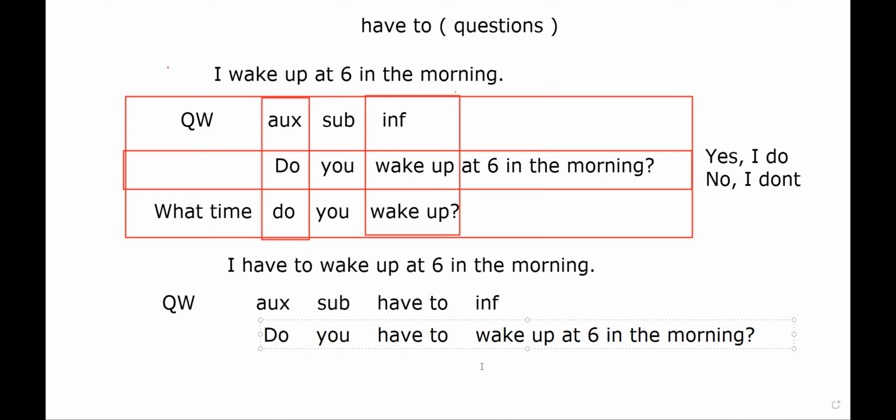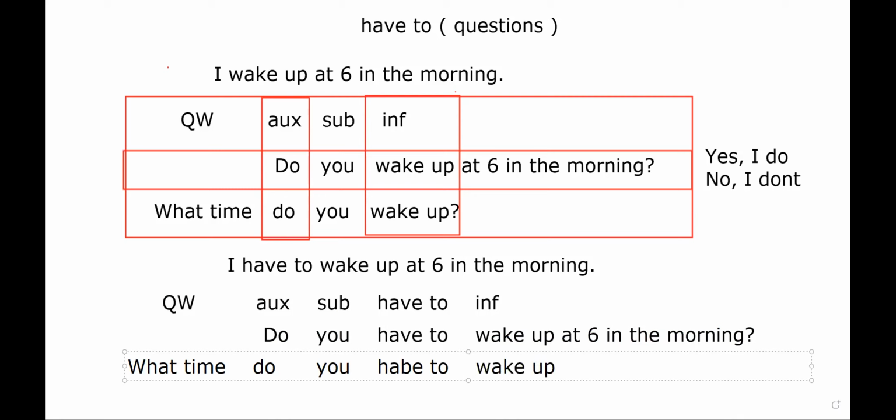Okay, now I want to write about time. The same question, but I want to ask about time. So, again, the same question, what time? The order, what? Do you have to wake up?